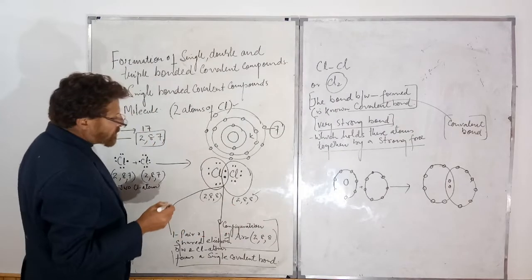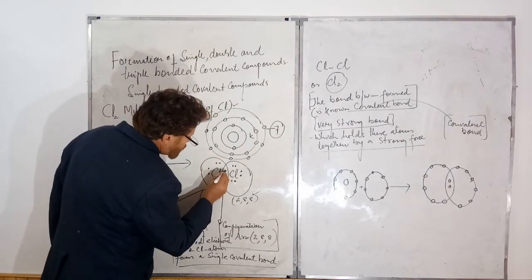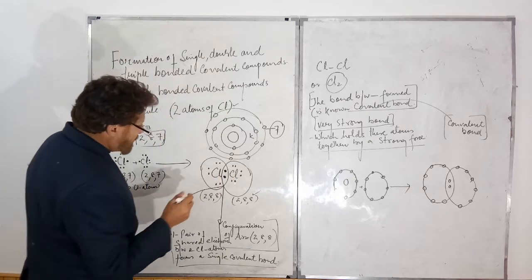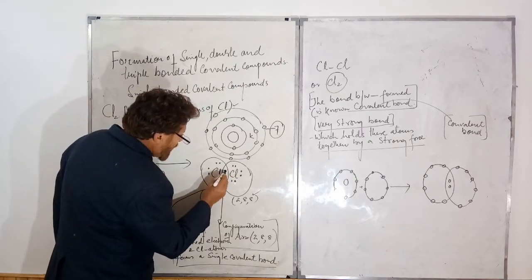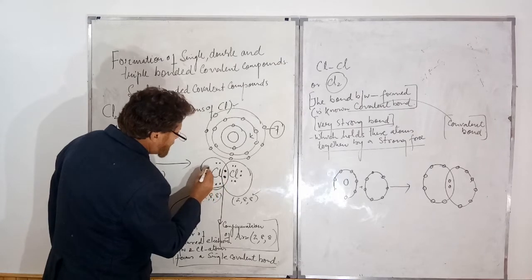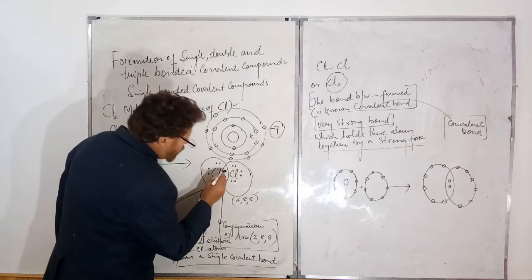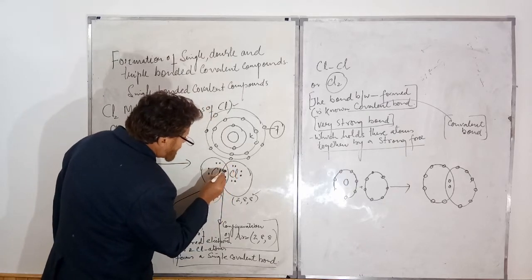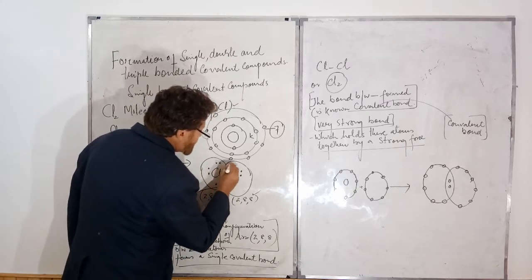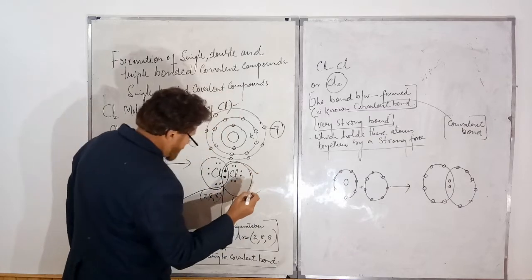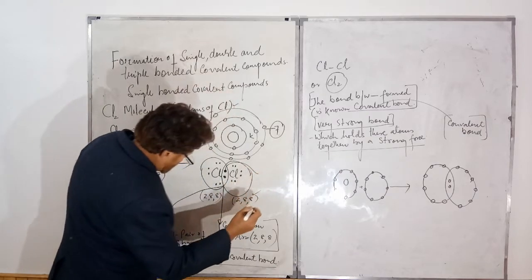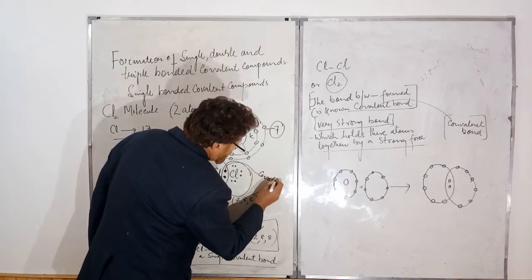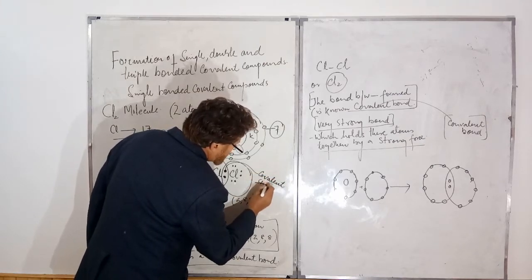Here you have to count these two dots, these two electrons, for both chlorines. So we can count like this: 1, 2, 3, 4, 5, 6, 7, 8 for each. This means this is sharing. This sharing is known as covalent sharing of electrons.